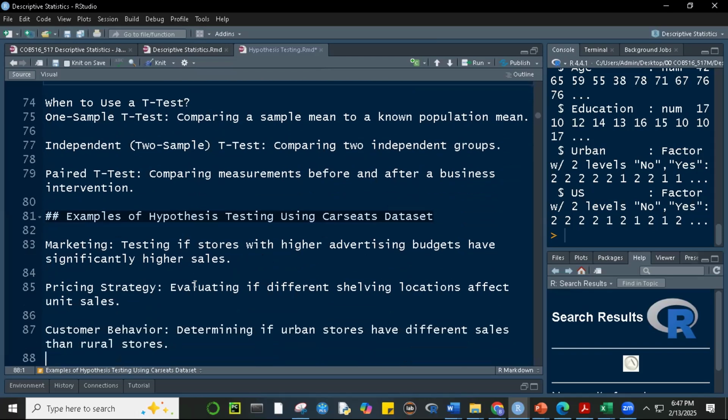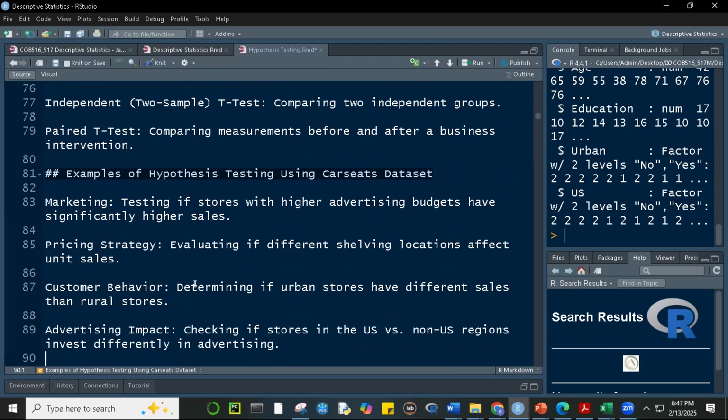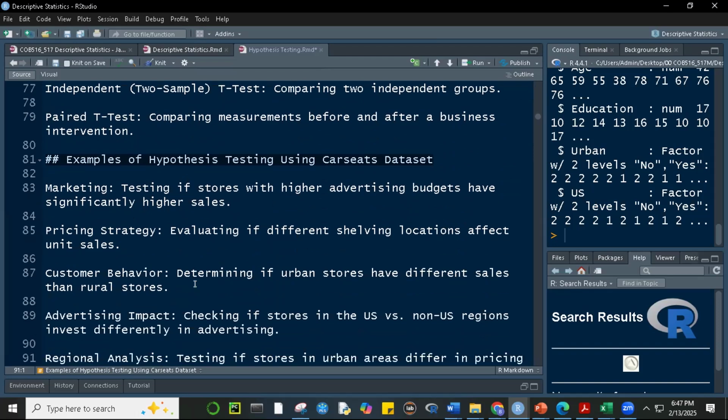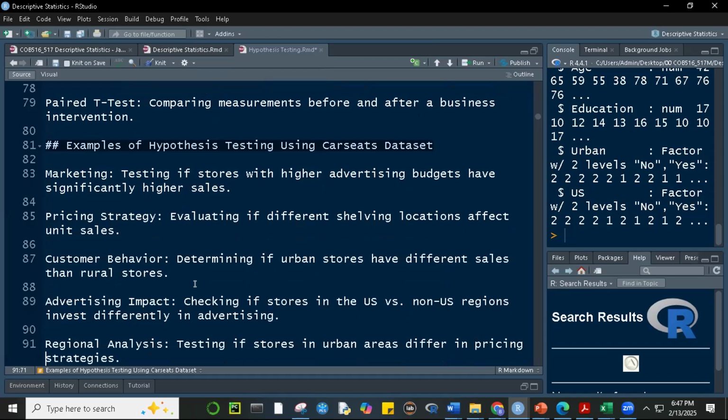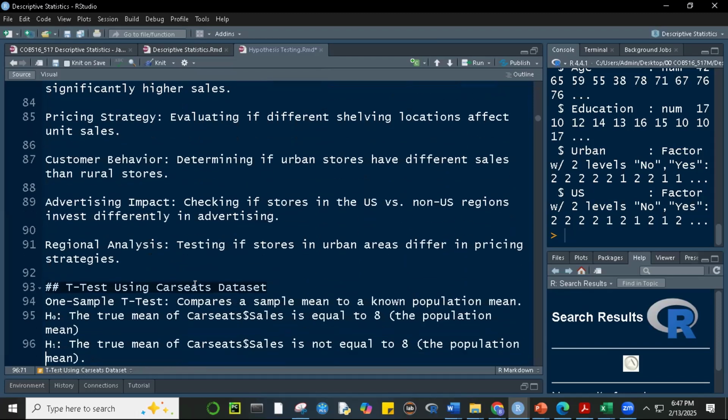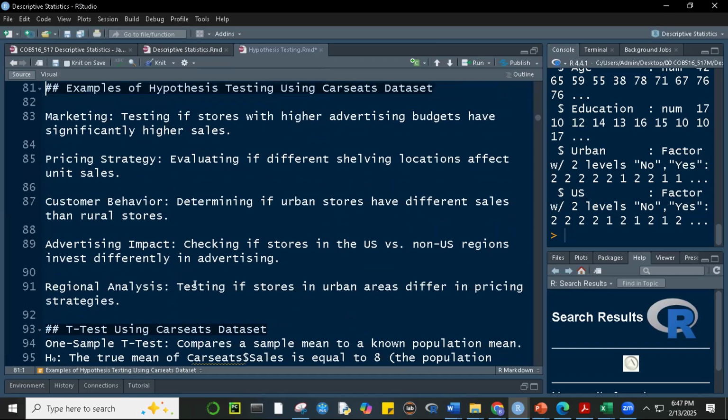We're going to use a particular data set that comes with R. The application here is more on marketing, pricing strategy, customer behavior, and advertising. I just highlighted the uses of this t-test.